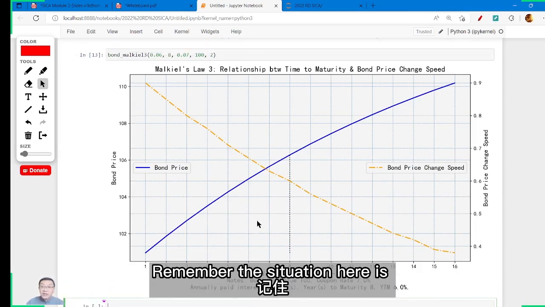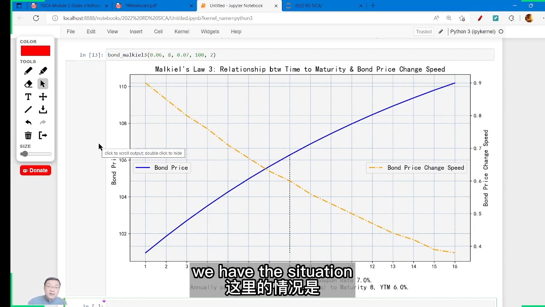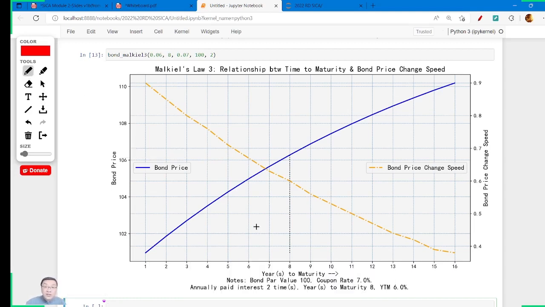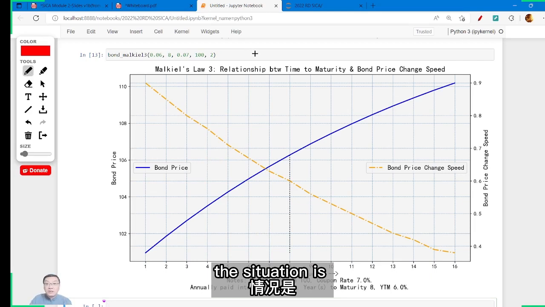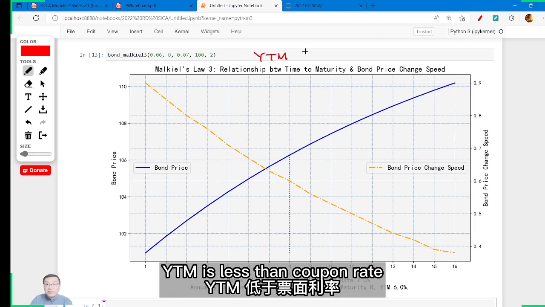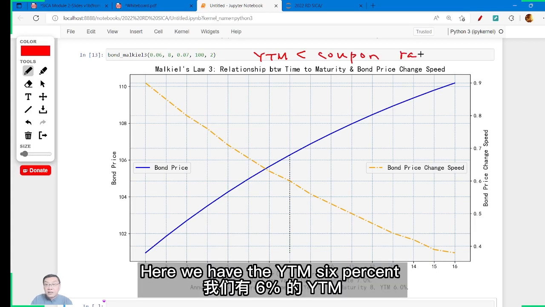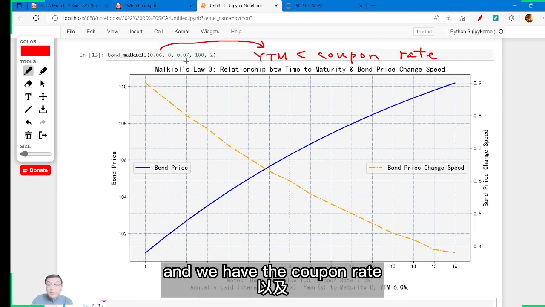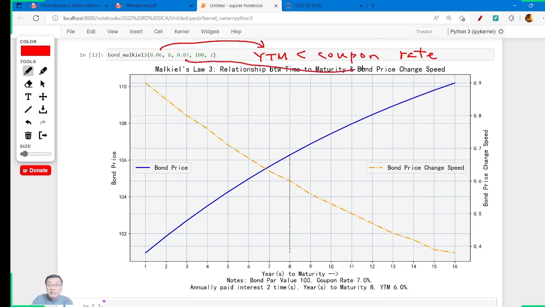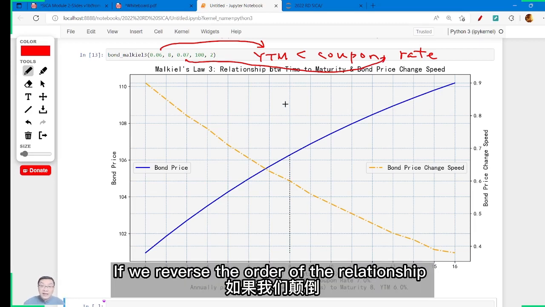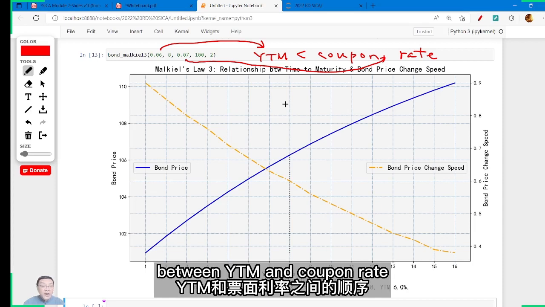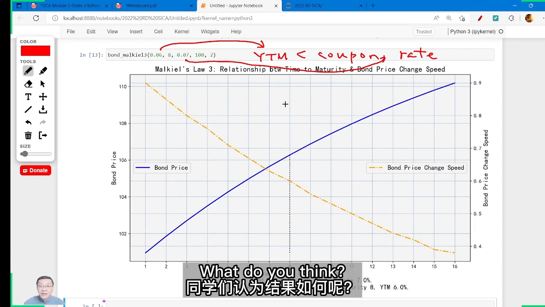Remember, the situation here is that YTM is less than coupon rate. Here we have the YTM 6%, and we have the coupon rate 7%. If we reverse the order of the relationship between YTM and coupon rate, what do you think?